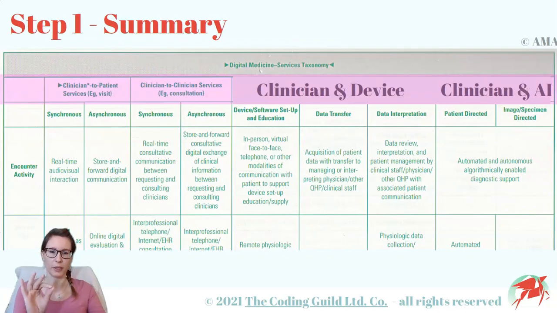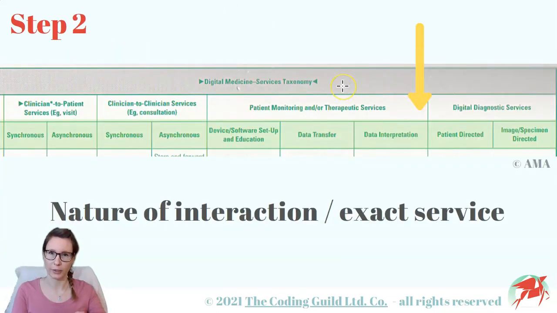In summary so far, the provider can digitally interact with the patient, with another provider, with a device, or with AI. Once we know who is involved, we can go on to step number 2 and decide the nature of the interaction. How is it happening and what exactly is happening? And here we get introduced to several new concepts.